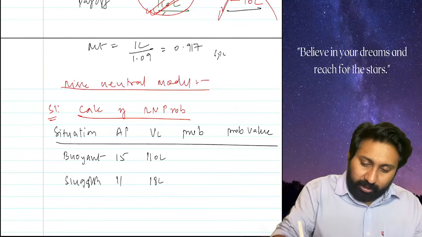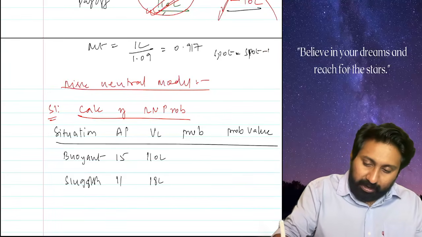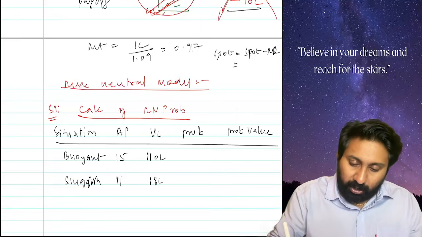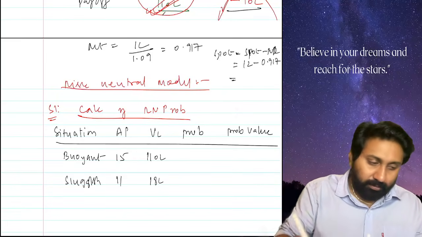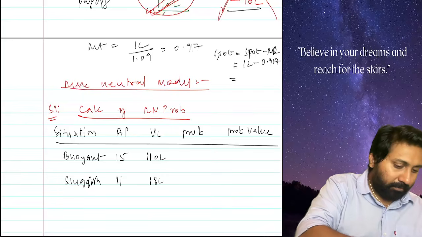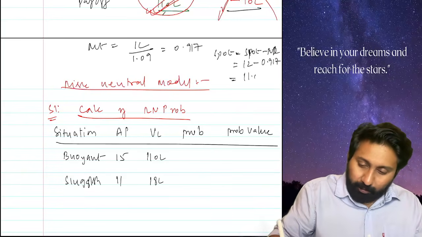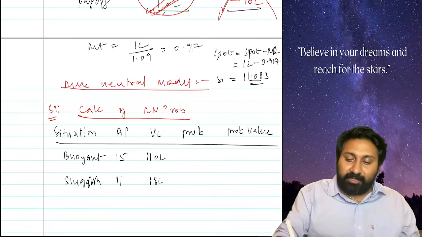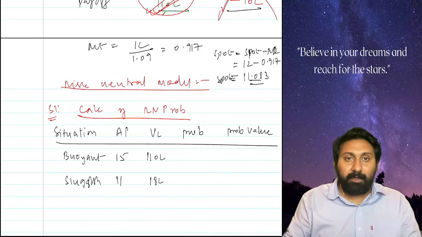So spot minus present value of rent: 12 minus 0.917 equals 11.083. What is 11.083? This is the revised spot value of the particular building.